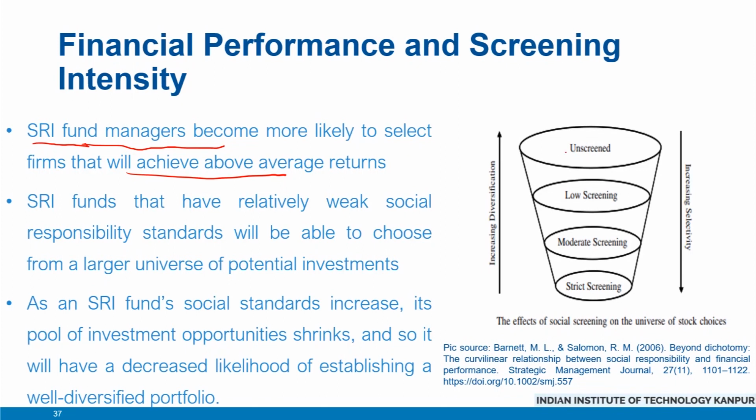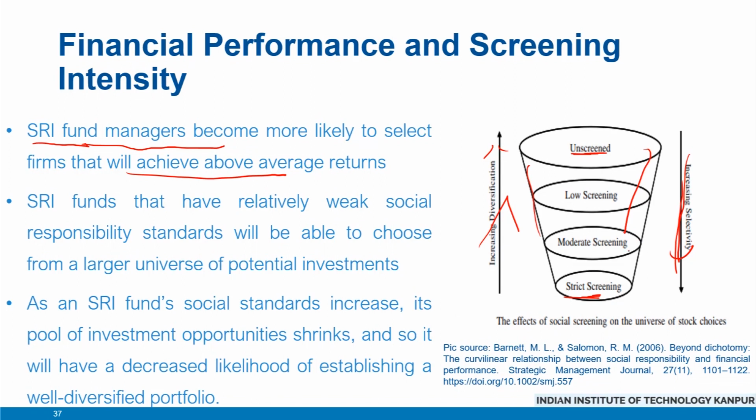And this given figure illustrates the relationship. Here you have unscreened firms at the top, strictly screened firms at the bottom. As you go down, you increase the selectivity. As you go up, you increase the diversification because you have more stocks to choose from and you achieve diversification.